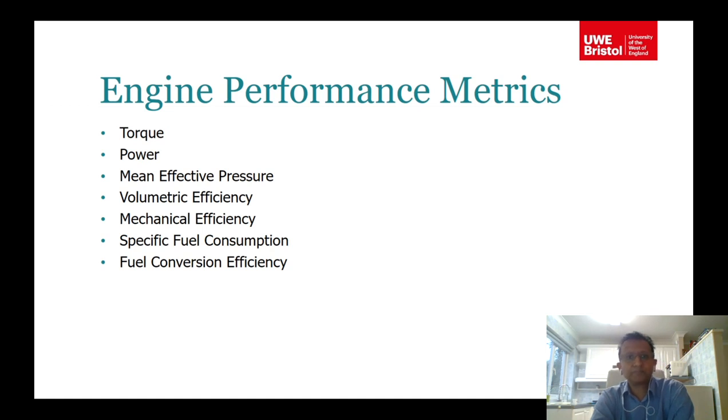We will discuss what all these terms mean. There could be torque, power, mean effective pressure, volumetric efficiency, mechanical efficiency, specific fuel consumption, and fuel conversion efficiency. Volumetric efficiency we actually discussed in our second lecture. You might remember, but the rest we can learn today.